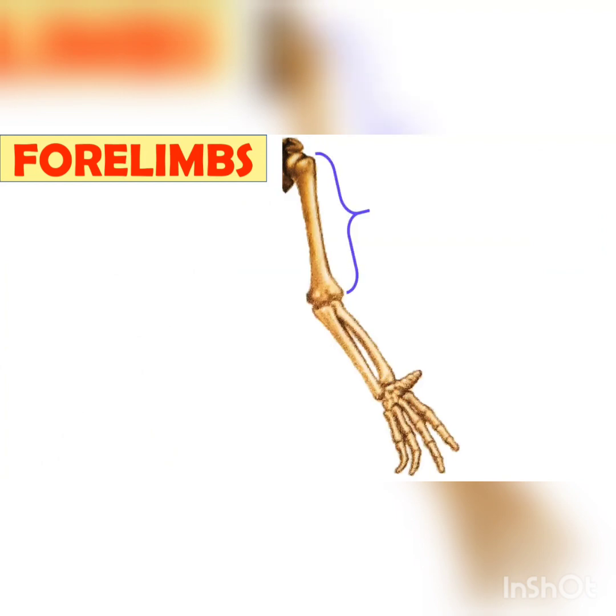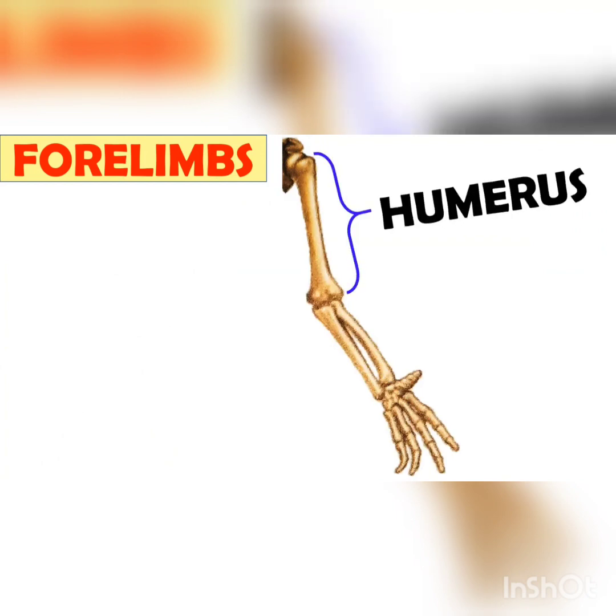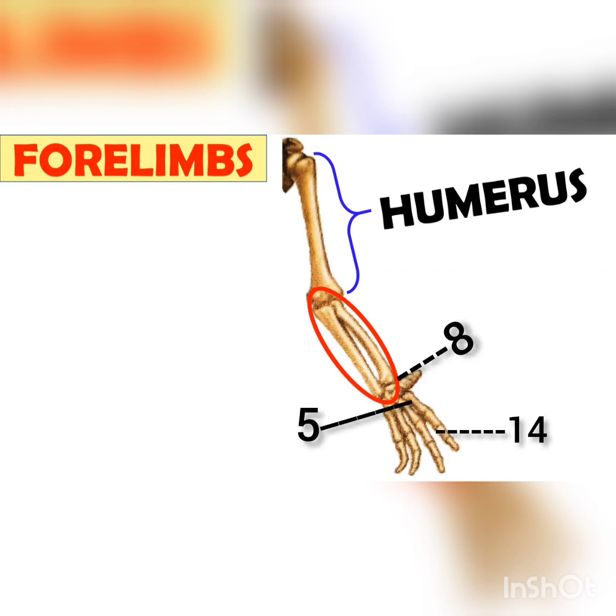Each arm consists of one upper arm bone called humerus and 2 lower arm bones. The palm of each hand is made up of 5 bones. There are 8 bones in the wrist, and 14 bones make up the fingers of a hand.